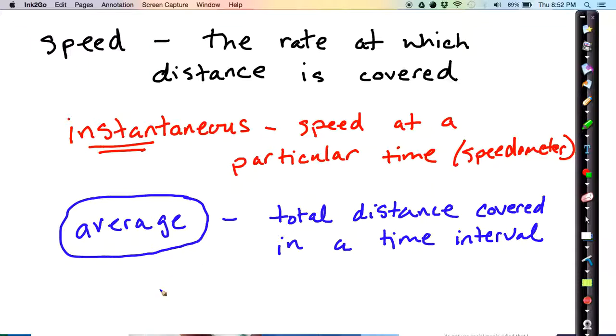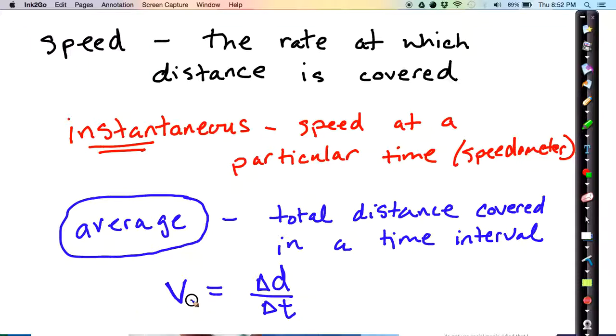So in the form of an equation, this would be v, we use a lowercase v for the variable that represents speed, equals change in distance, we use the triangle symbol, the Greek letter delta, for change, over change in time.